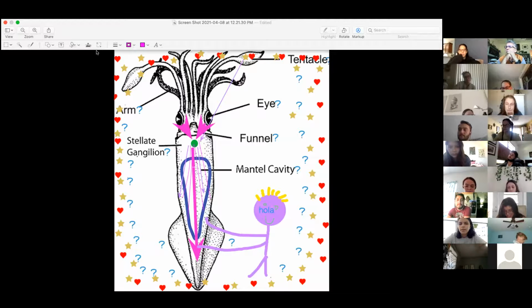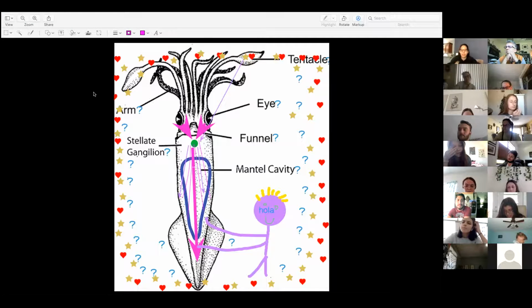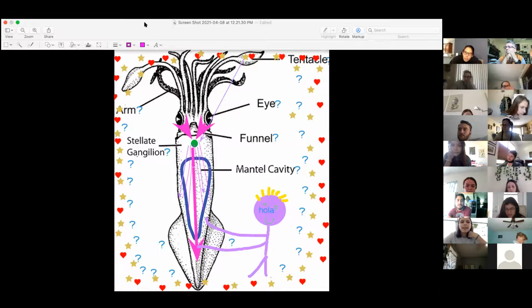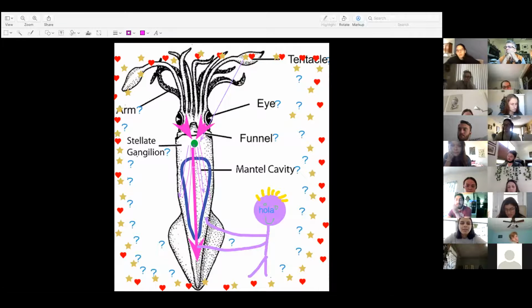Shiloh? Ella? Anyone else? Maybe to determine, can they change their velocity, depending on where they need to go or what they're responding to?